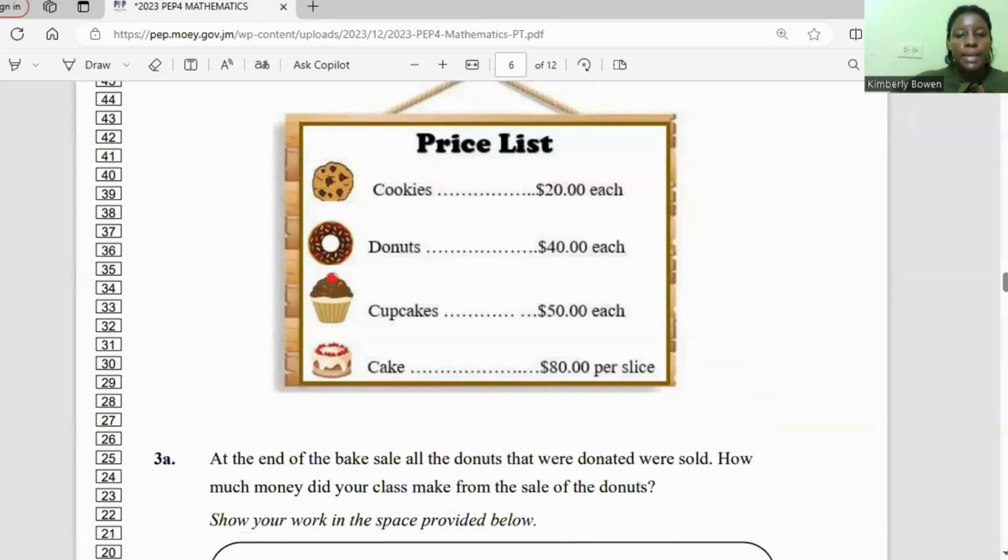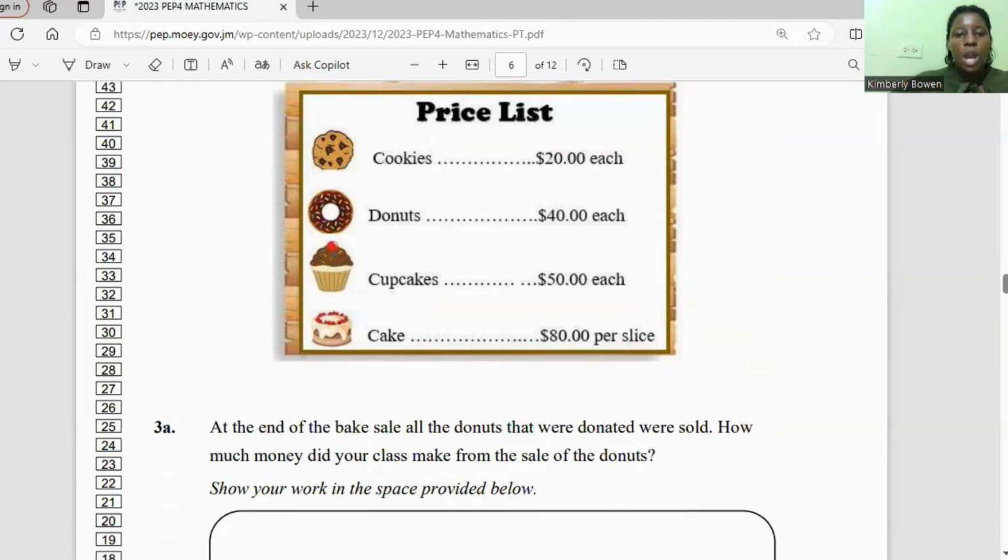3A, at the end of the bake sale, all the donuts that were donated were sold. How much money did your class make from the sale of the donuts?